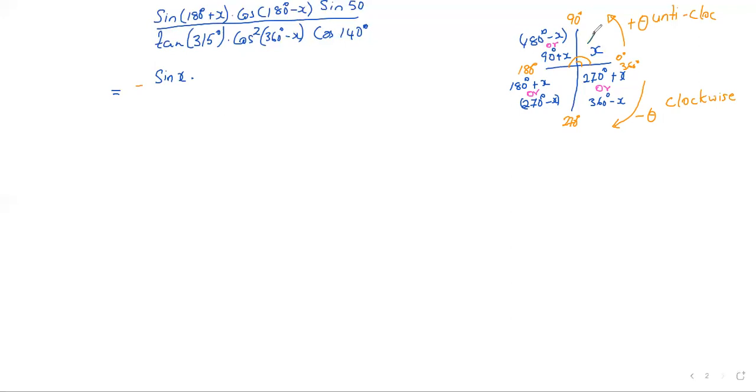We said everybody here is positive. Here, sine only, and its inverse, the cosecant. Here is the tangent and the cotangent. Here is the cosine and the secant, which are positive. Now, cos in the second quadrant is negative, so negative the cos of x.